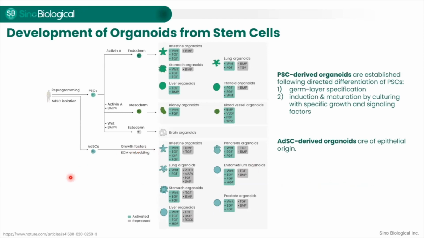Now, let's look at how stem cells can be directed to differentiate into different tissues. Over the past decade, organoid research has developed to such an extent that organoid culture systems can model tissue structures from all three primary cell lineages.